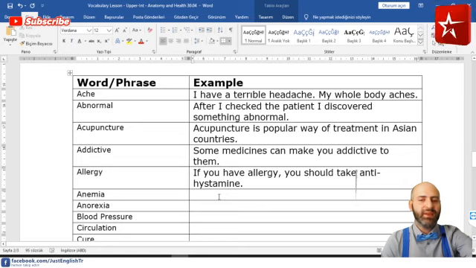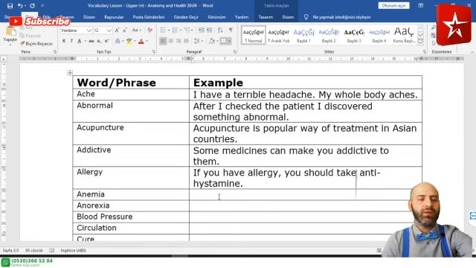Antihistamine is a type of drug which helps you get rid of allergy. For example, you can use Tavegil as an antihistamine. Anti is always used if we want to talk about the opposite of something. So this is where the word antihistamine comes from.